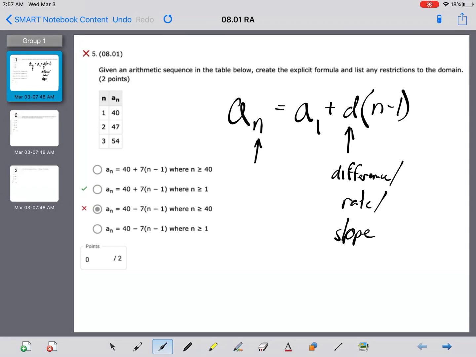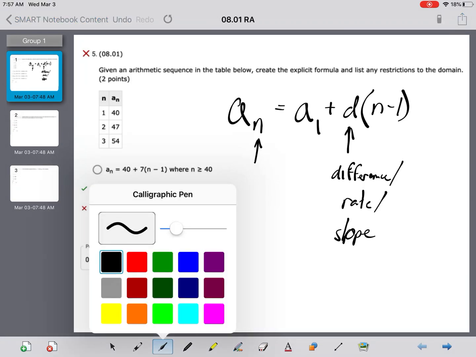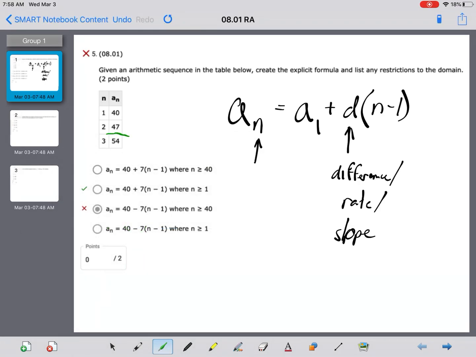So if you wanted the third term, like if we check this math, we know the third term is 54. So let's see if that actually happens. Let's see what we get when we take the amount for the first term, which is 40, plus, well, what's the difference going from each term? The increase or the slope is 7, so it's plus 7 times.